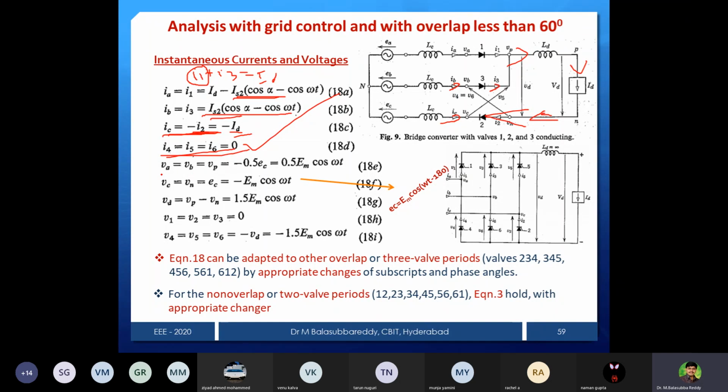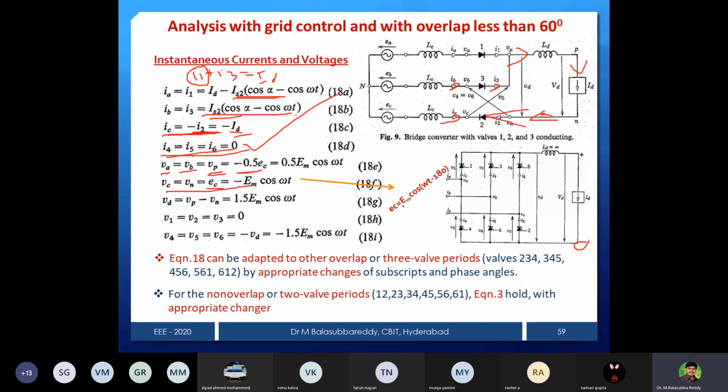And as in the previous slide, the average of VA and VB will give VP. I mentioned minus EC by 2, also called minus 0.5 into EC. The rest of the voltages, VC and VN, because it is connected to the N neutral pole, are equal to EC. EC is nothing but EM cos(omega t minus 180), which simplifies to minus EM cos omega t.